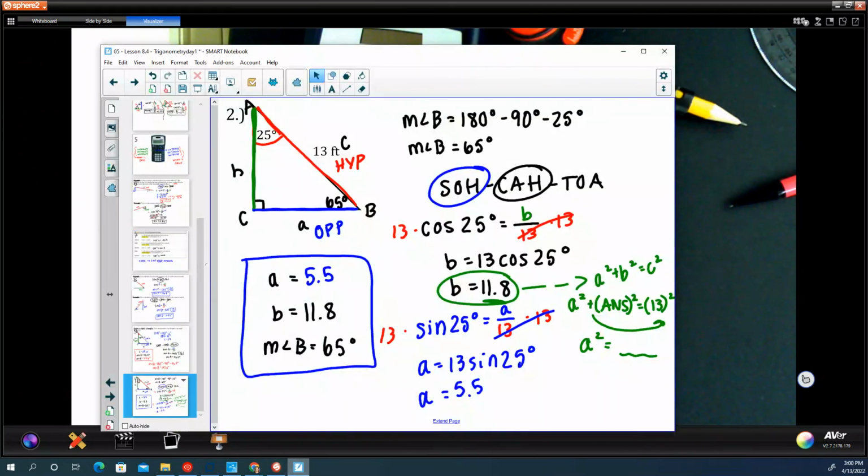Okay, so that's coming from here. 13 minus that. So we hit enter. Whoop. And then we just square root that. And that should be the exact same number as what we just got by using trig. Right? Like that 5.49, yada, yada, yada. So you can do that. But you have to use the exact. Notice if I would have used the rounded, it just would be a little off.